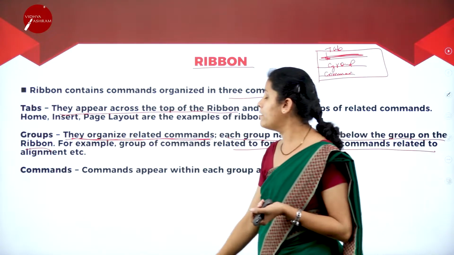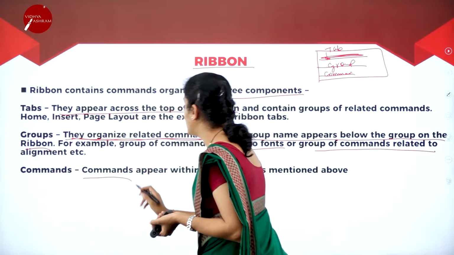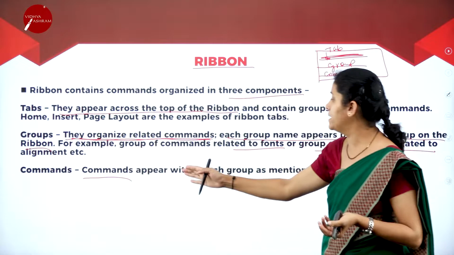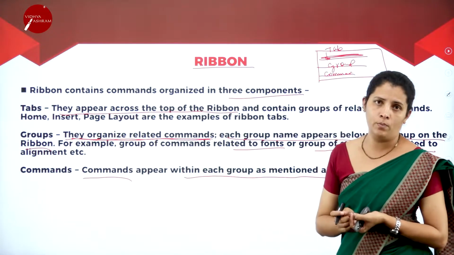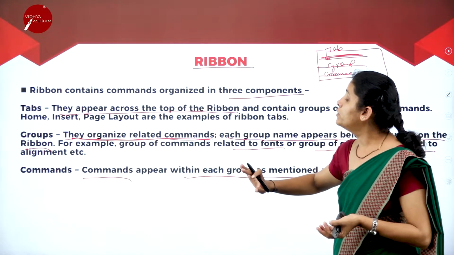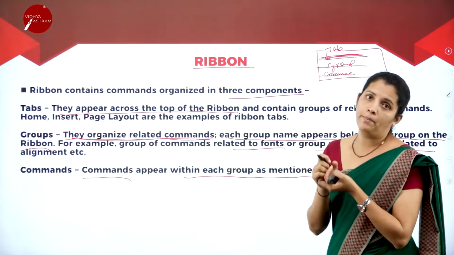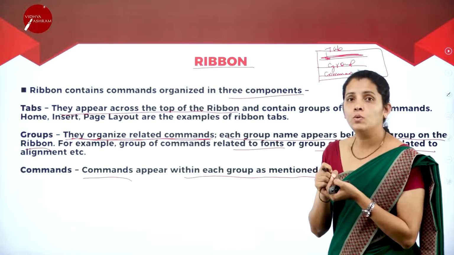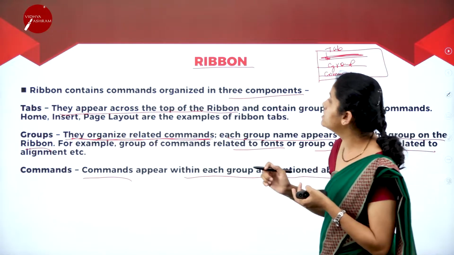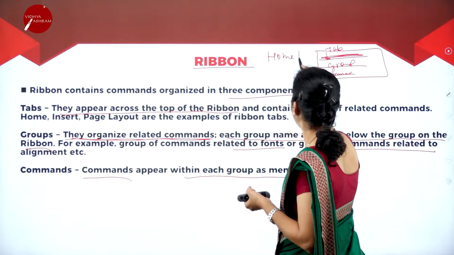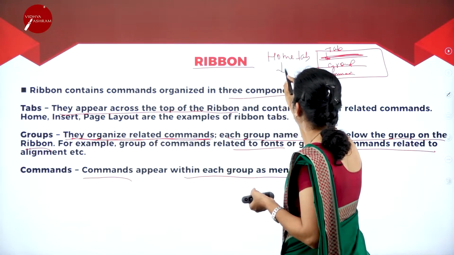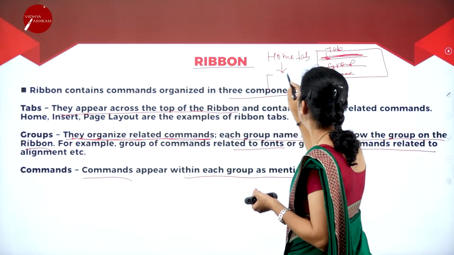Then I'm going to have commands. So what is a command? Commands appear within each group as mentioned above. So, according to the group mentioned above, the commands are going to appear. For example, consider that I'm going to have the home tab, and under the home tab, I'm going to have the group.